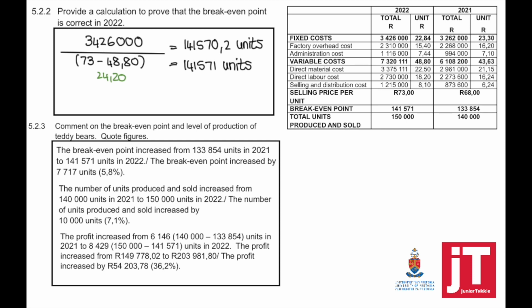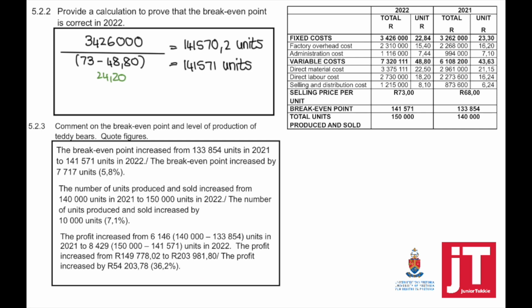If we're looking at the profit, remember, to get the profit that the business made, take the contribution per unit and times it by the number of units, the difference between those two. This means that our profit increased from 149,778.02 to 203,981.18.